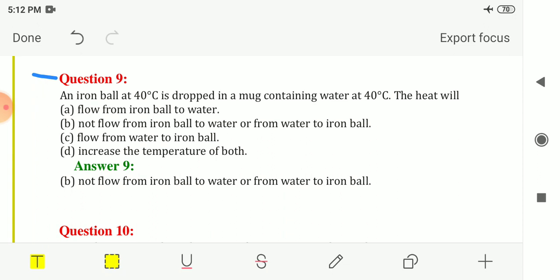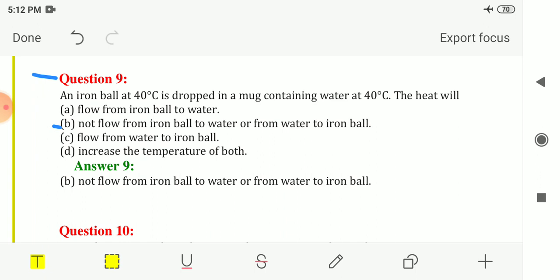So we had one iron bowl at 40 degrees Celsius. We are dropping it in a mug which contains water, and the water is also at 40 degrees Celsius. So heat will transfer from what to what? Your correct answer is option B. Heat will not flow from iron bowl to water or from water to iron bowl. Why?